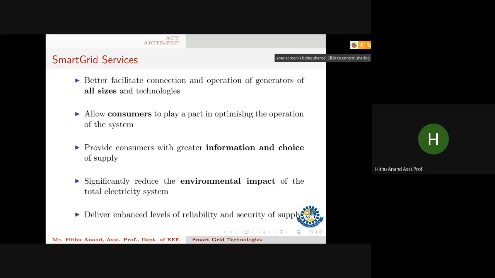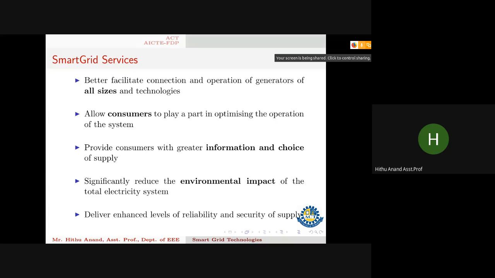So smart grid services are identified to accommodate all sizes of generation. It allows consumers to take part in market scenarios. It can provide information of choice to the consumers. Actually, we know our Android mobile phones can be very interactive, so it is possible.